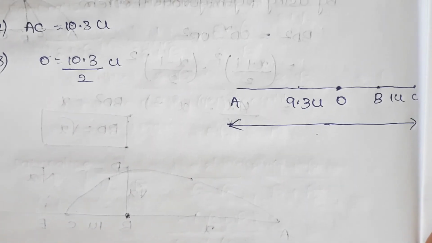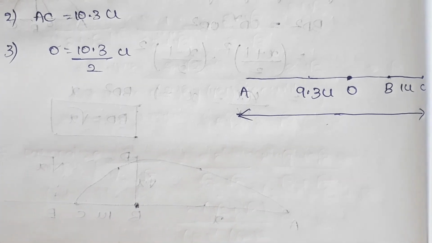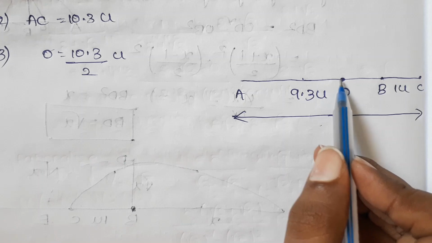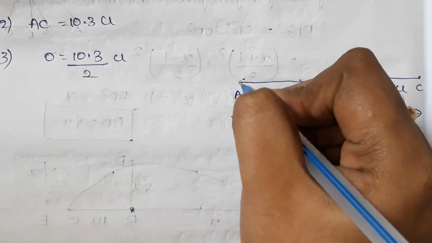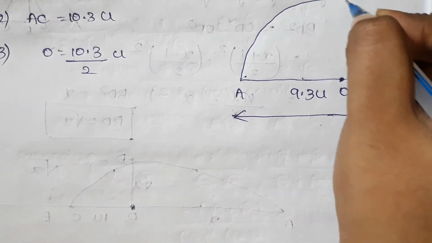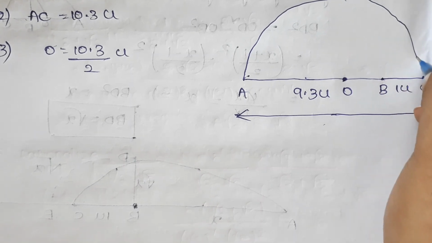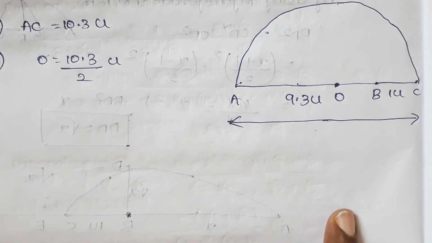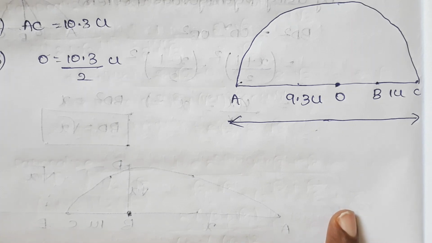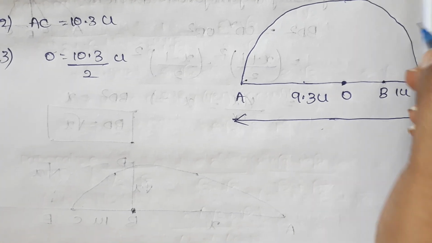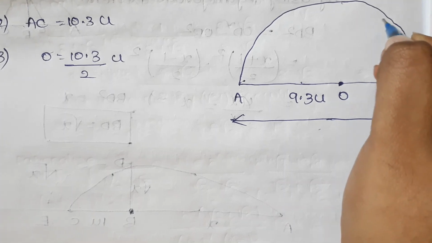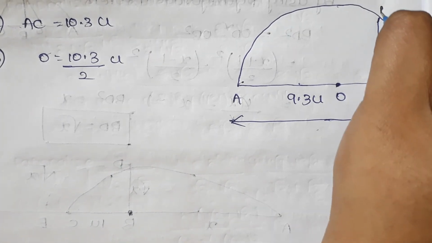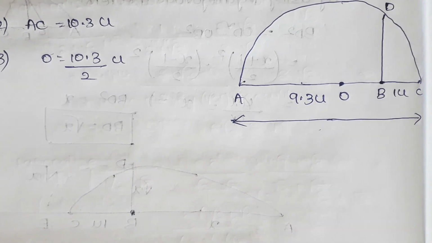Now with O as the center and OC as the radius, draw a semicircle, and from point B draw a perpendicular line to AC meeting the semicircle, and this is the perpendicular line BD.